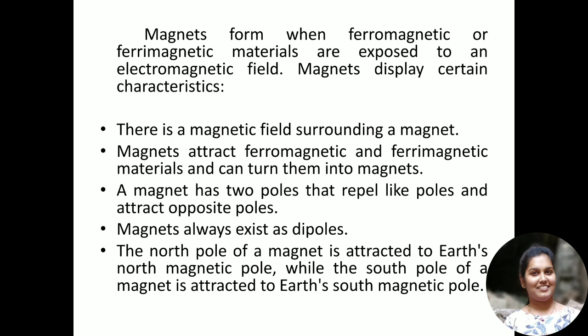The next point is that the north pole of a magnet is attracted to Earth's north magnetic pole, while the south pole of the magnet is attracted to Earth's south magnetic pole. This can be a bit confusing, but we have already seen this point in the video.